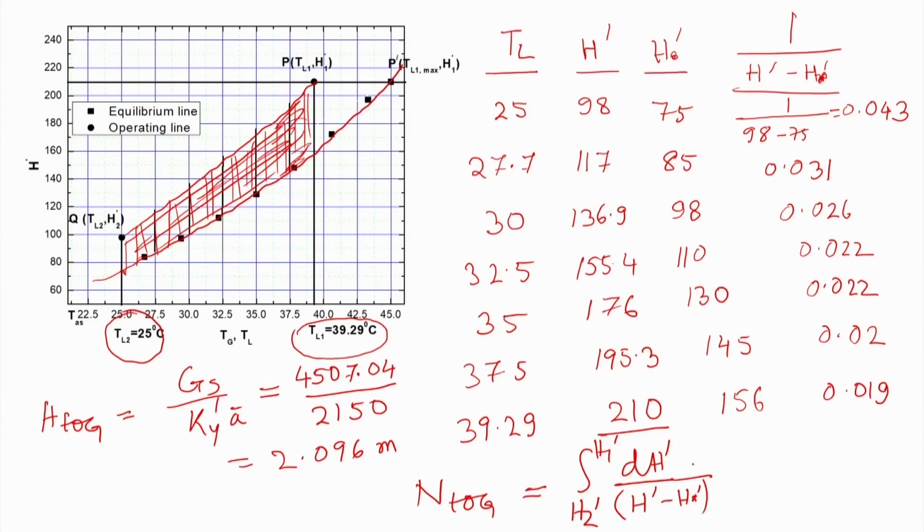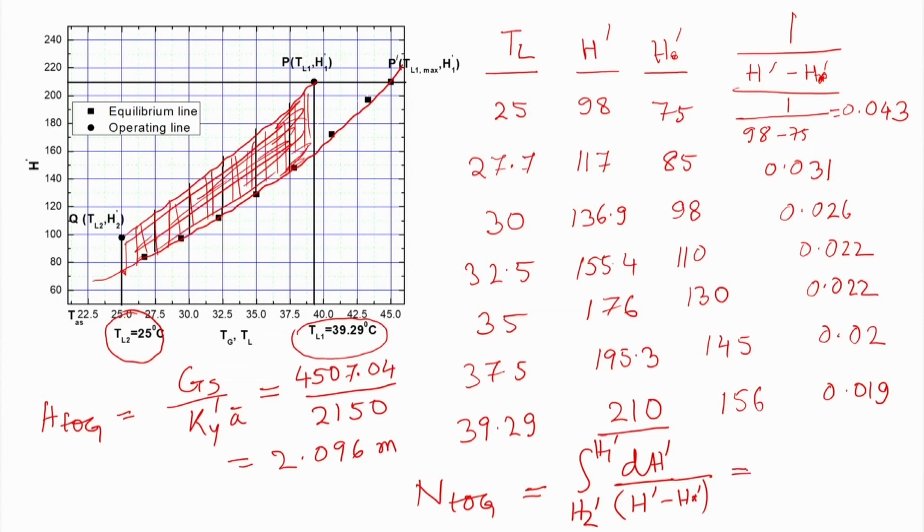In the humidification column, the denominator was H star prime minus H prime, because in that case the operating line was below the equilibrium line, so the difference of equilibrium enthalpy and the actual enthalpy was positive. But in this case, as the operating line is above the equilibrium line, the actual enthalpy minus equilibrium enthalpy gives the positive value.